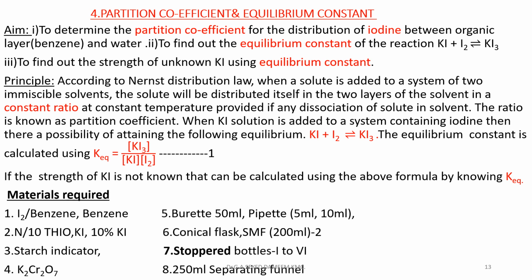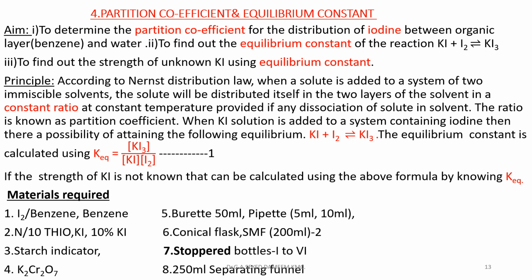Here the solute is iodine, and the two solvents are benzene and water. The iodine distributes between the two layers with a constant ratio at constant temperature. That ratio is known as the partition coefficient.